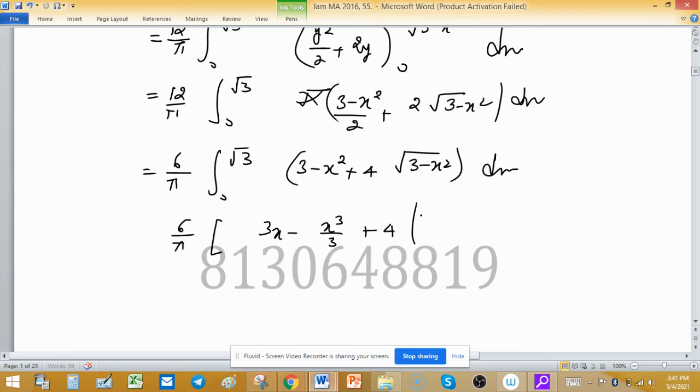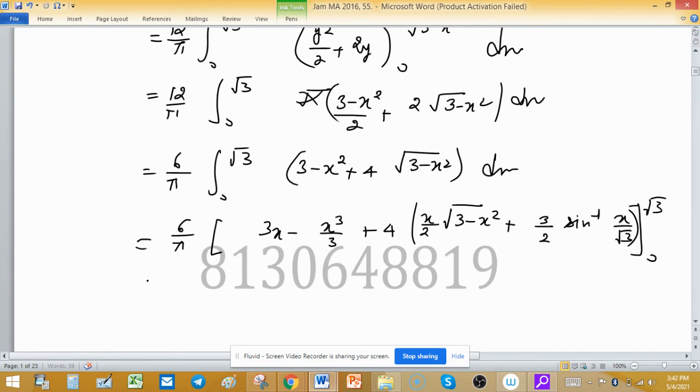For this we have the formula: x upon 2 times square root of a square minus x square plus a square upon 2 sine inverse x upon a. The value of a is root 3, and the integration limit is from 0 to root 3.